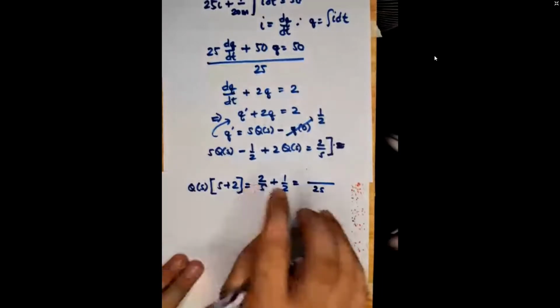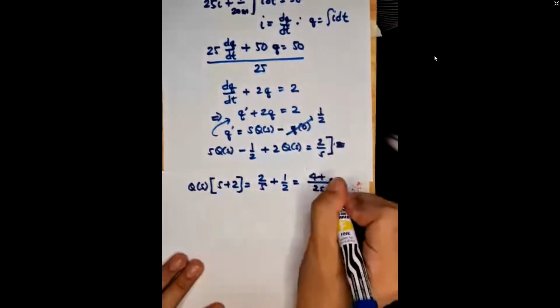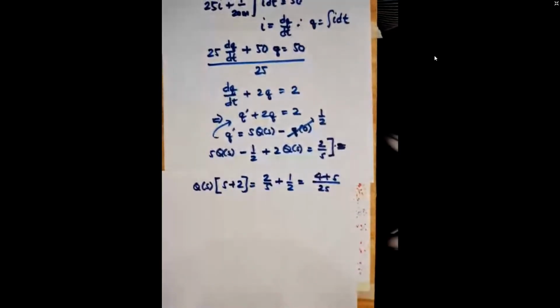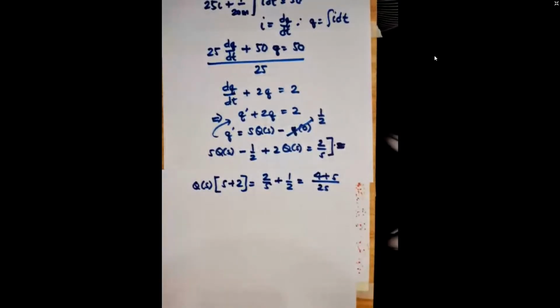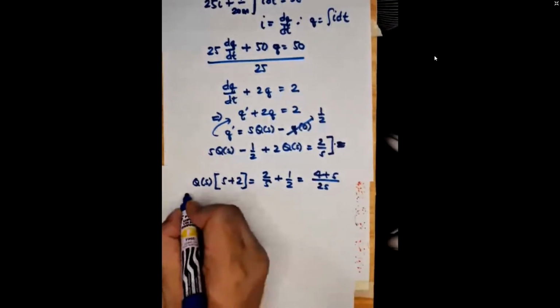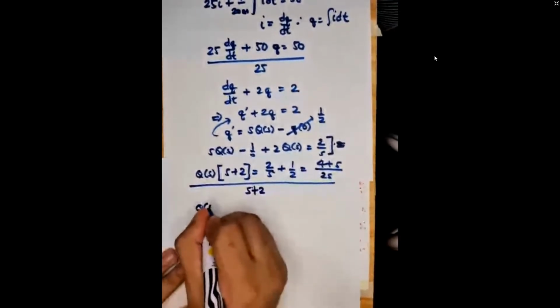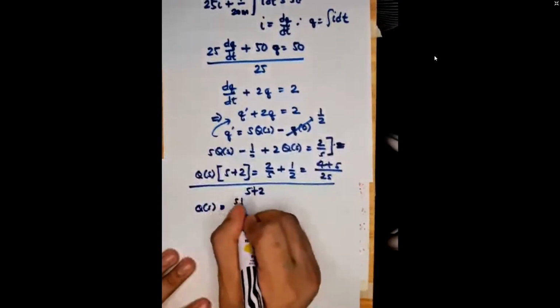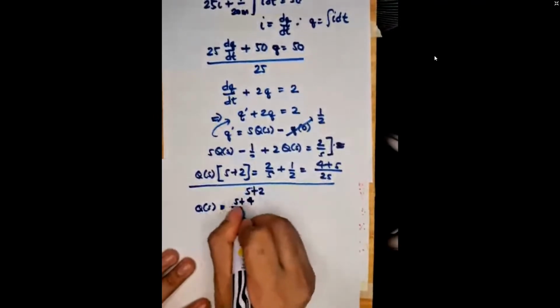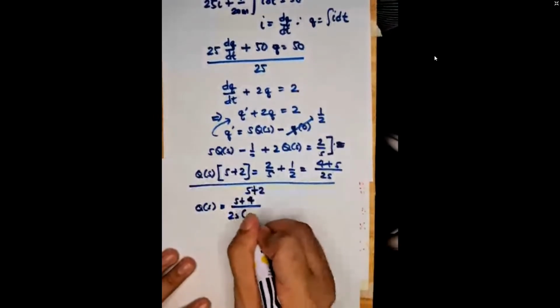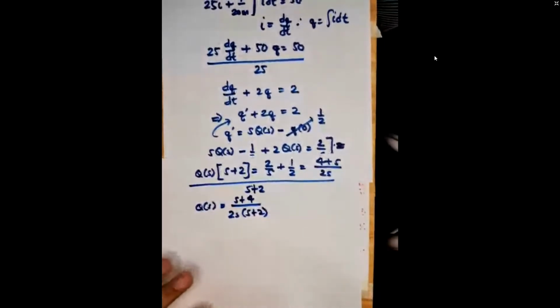So 2s divided by s is 1 times 2. So that's 4 plus s. And then divide natin to ng s plus 2. So Q of s is equal to s plus 4 over 2s times s plus 2.